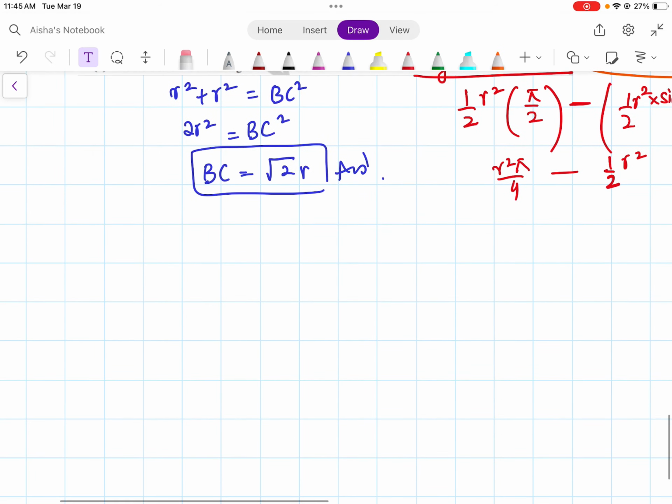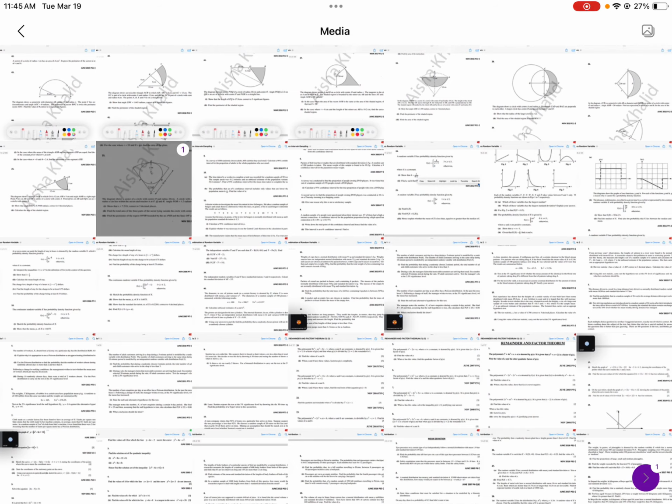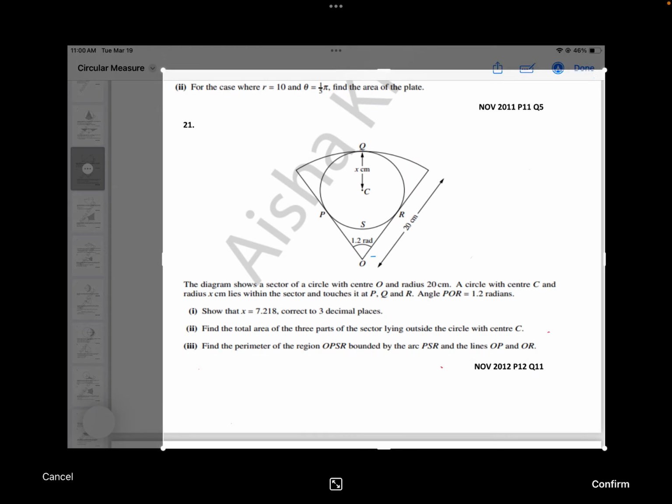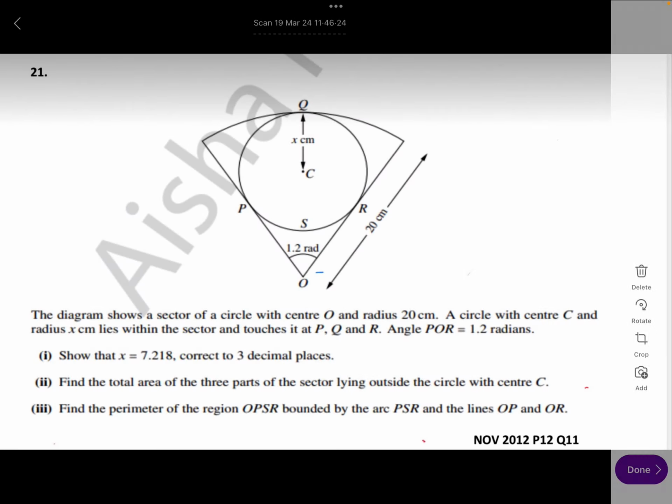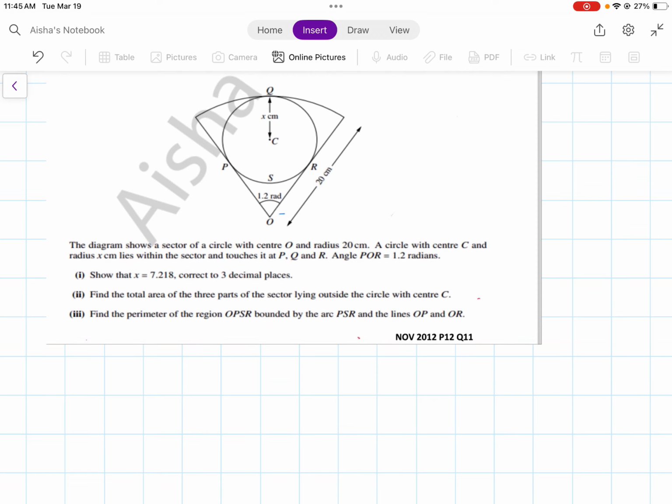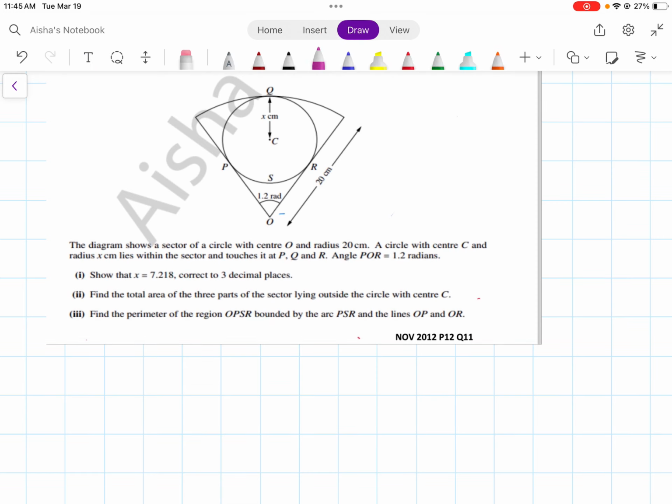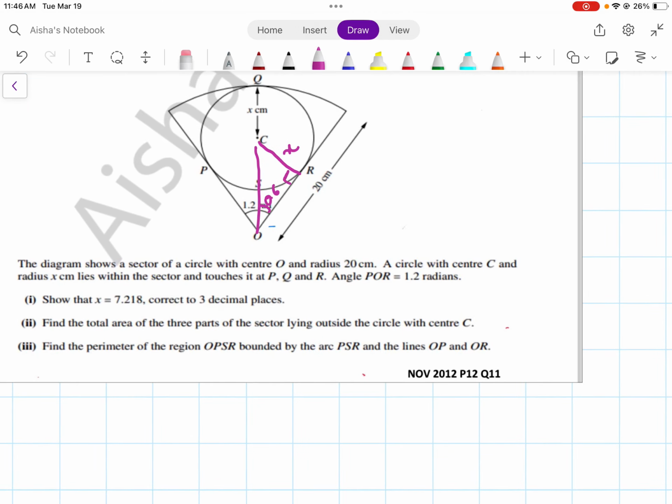Okay. Let's move on and do another question. X is 7.218. Okay. This is 90 degrees.